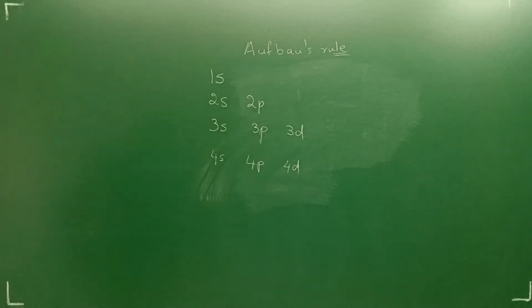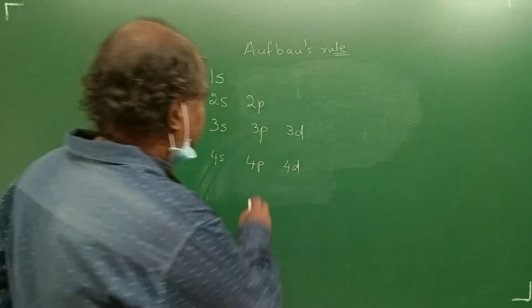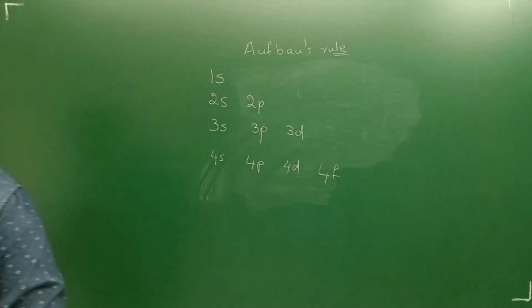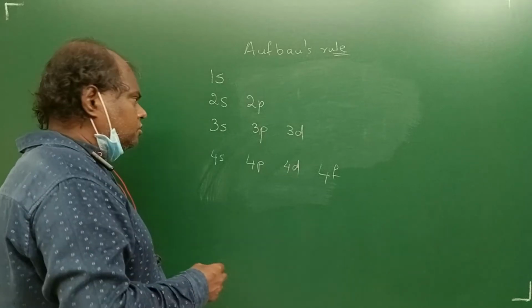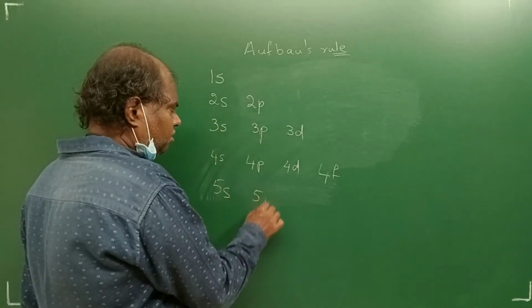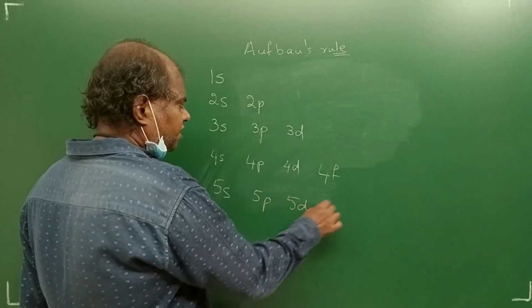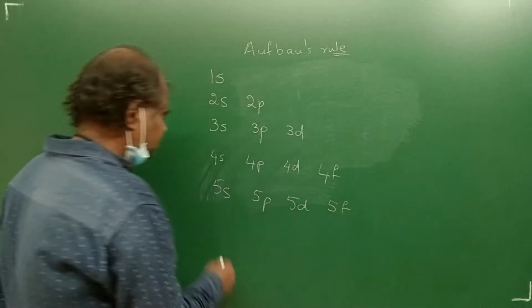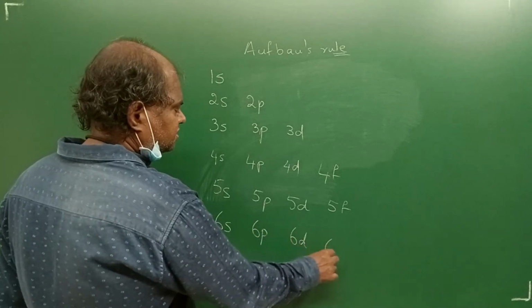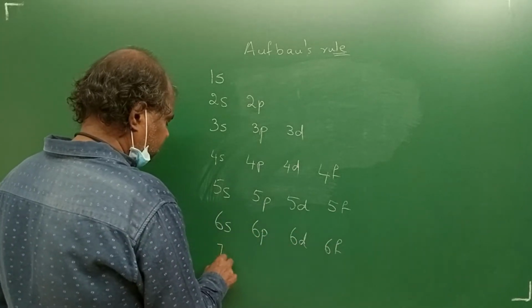Okay, we'll just start now. So 4s, 4p, 4d, 4f. So we'll just draw all the orbitals now. 5s, 5p, 5d, 5f. You can show 6s, 6p, 6d, 6f, 7s.